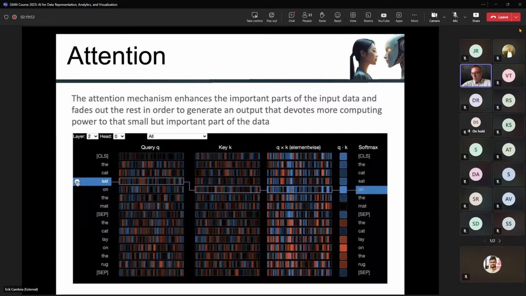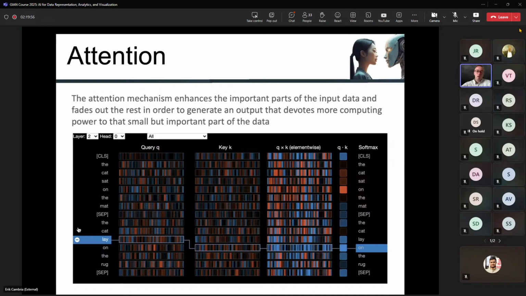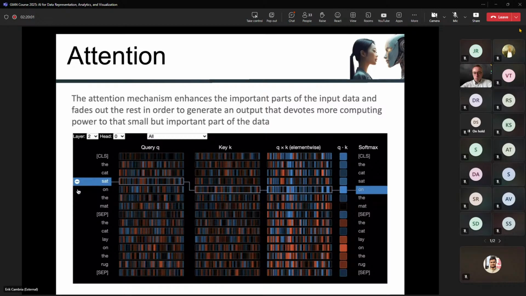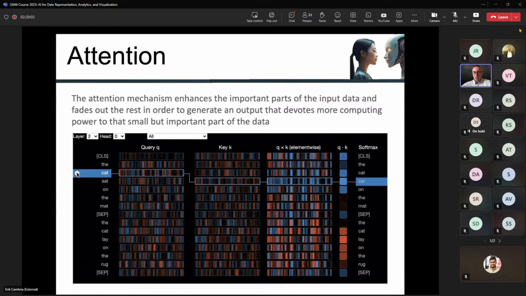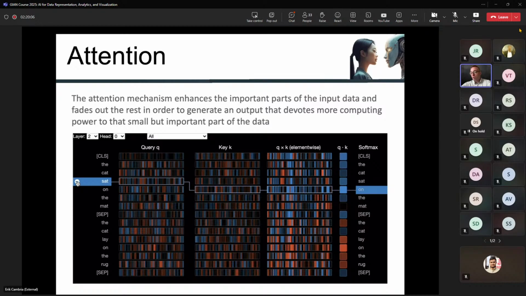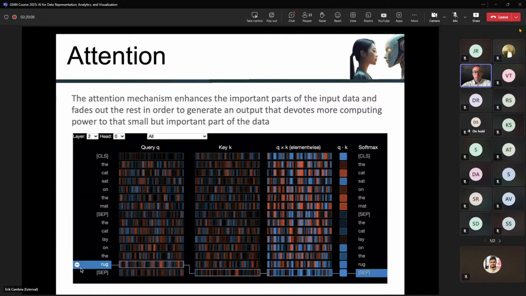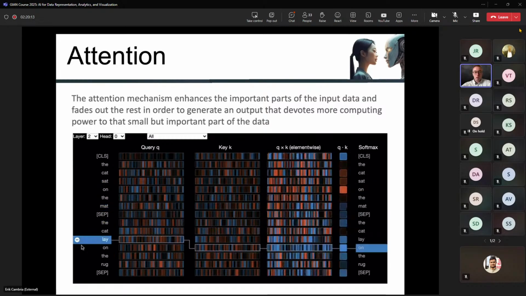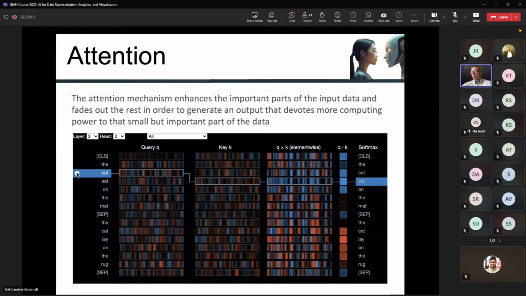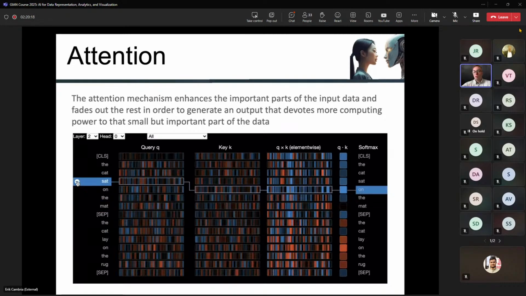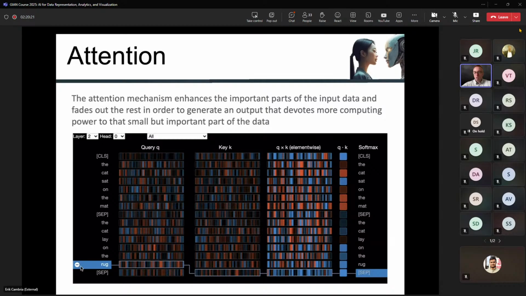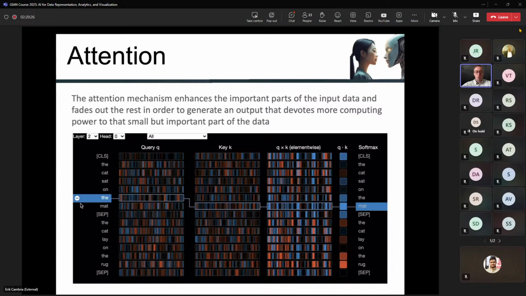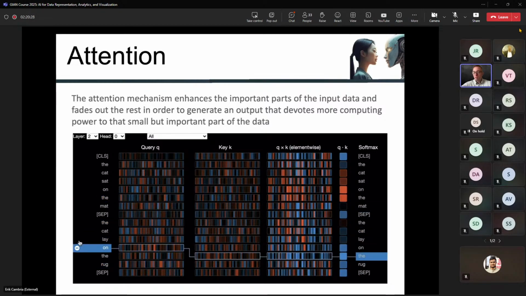It doesn't really work like human attention, but the key point is that I can focus on different parts of the sentence based on what I learned from my training data. So when I encounter specific situations like the cat sat on something, I can use attention to focus on that specific part of the data to better guess what comes next or how to perform classification.